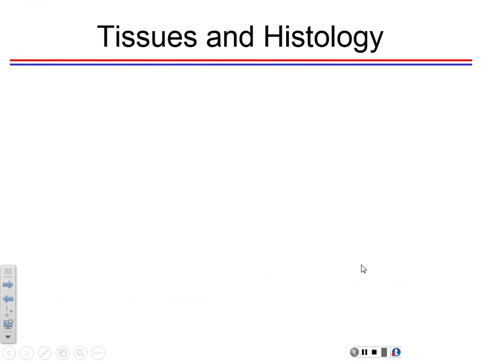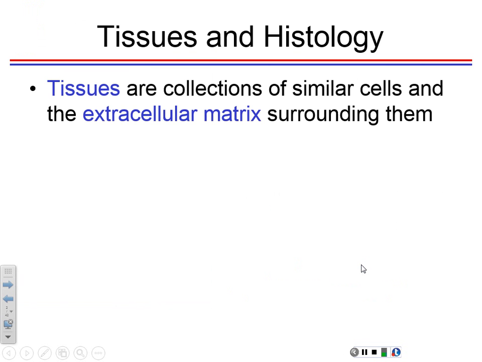All right. So we got tissues, of course. Remember when we talked in the earlier lecture about growth, and we said growth includes increasing the number of cells, increasing the size of the cells, and we also talked about the extracellular matrix. The extracellular matrix is the substance between the cells.